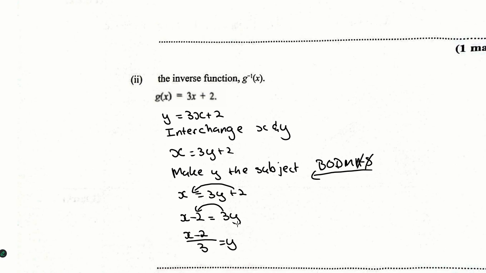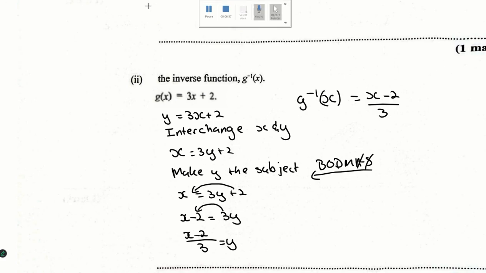Once we have solved for y, that's it. g inverse of x is now equal to what y is equal to, which is x minus 2 over 3. And that would be your answer for part 2. Right, so now we're going on to part 3a.